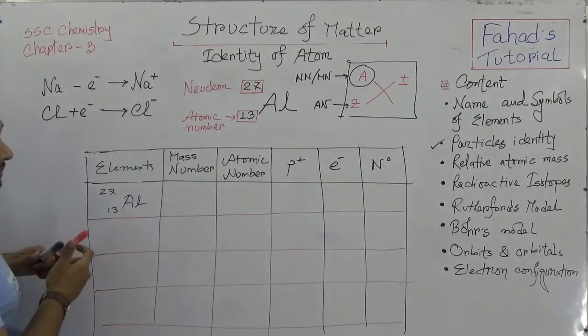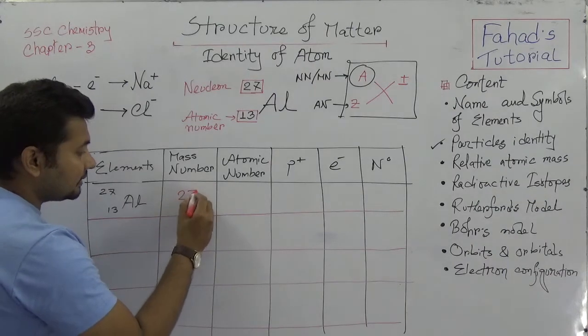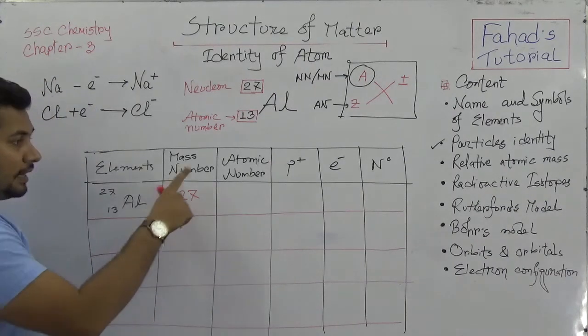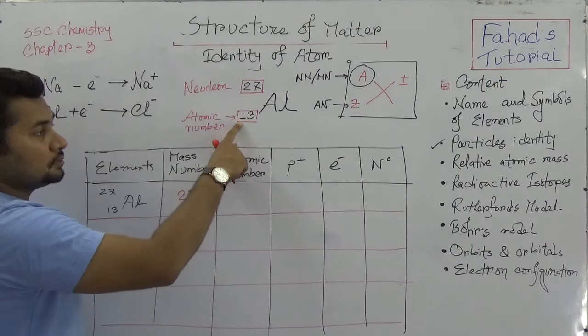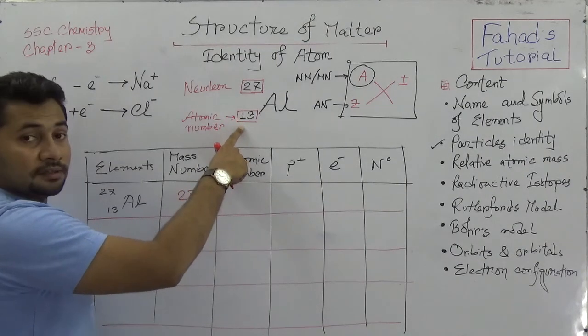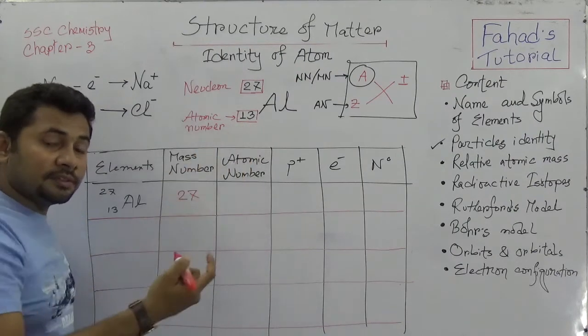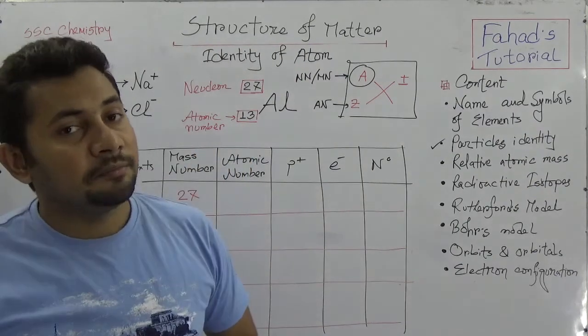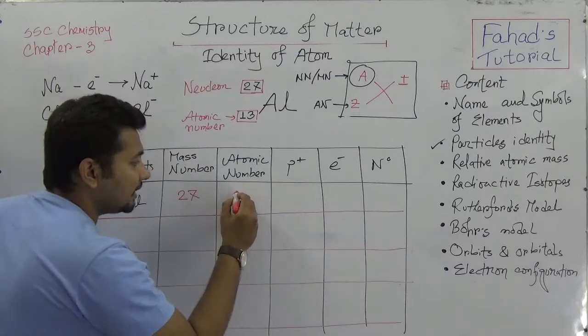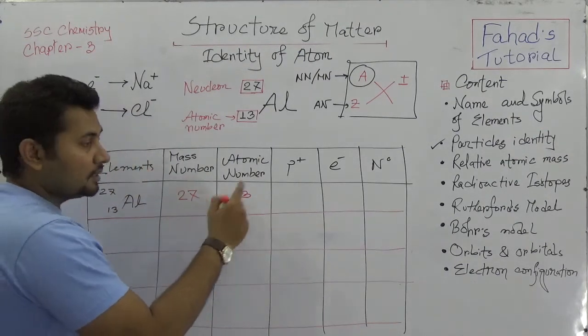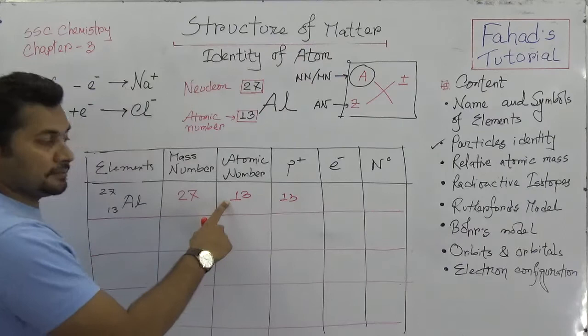Okay, so the mass number would be 27. The atomic number is in the left corner, and this is the proton number. As we know the atomic number is the proton number, the atomic number is 13. So the proton number is also 13.